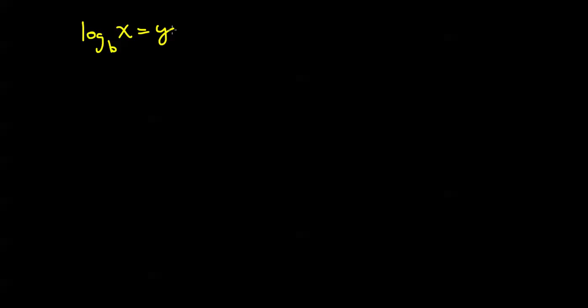And we've already done that a few times. One comment I want to make is that b values cannot be 1, and we assume that base values are positive. So when we're dealing with logarithms, we're going to disallow 1 as a base, and we're going to disallow negative values as bases. Okay?